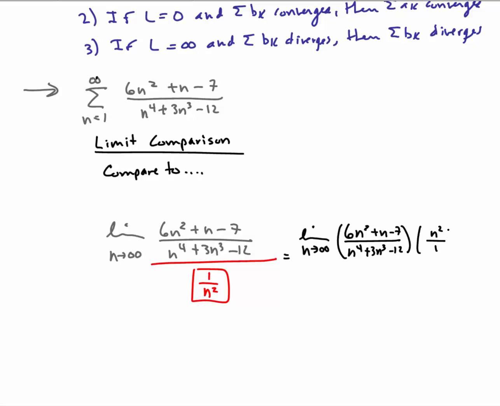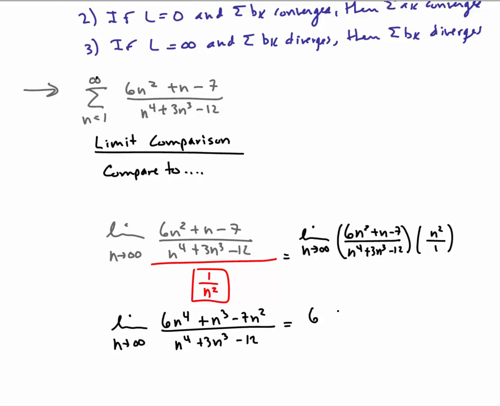Now when this flips up top, this becomes n squared over 1. So I'm left with the limit as n approaches infinity, and this would be 6n to the 4th, and that's what I was shooting for. I really don't care about the rest of this because it's just the highest powers of the exponent in the numerator and the denominator that really matters.